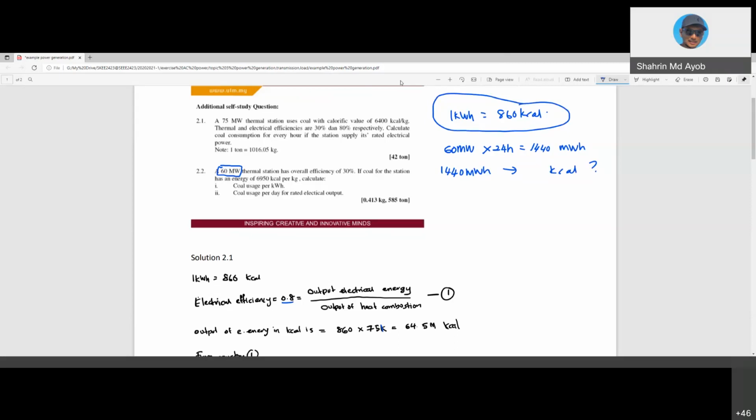So 144 megawatt hour, how many calories? To get that, you need 144 megawatt hour over 1 kilowatt hour, so this is 144 K, right? 144 K multiplied with 860 calorie. So you should get around how much?